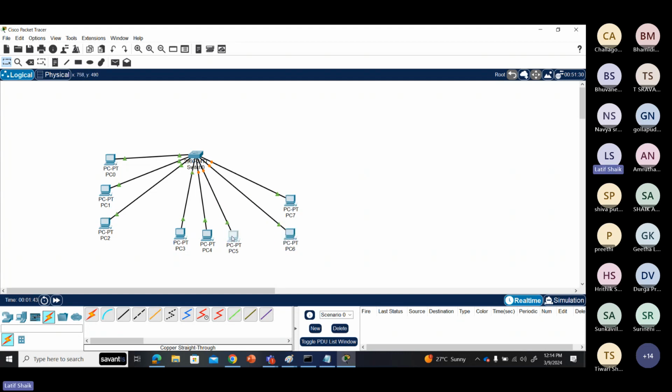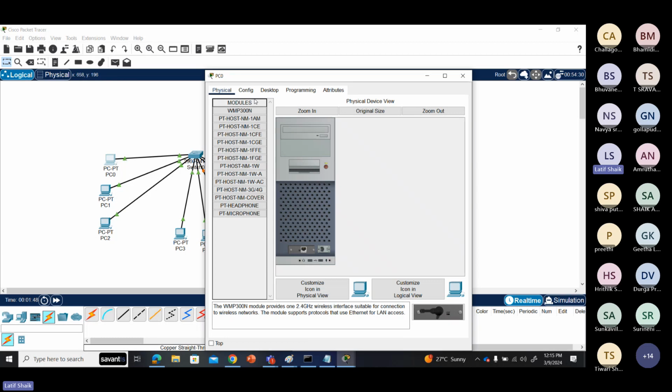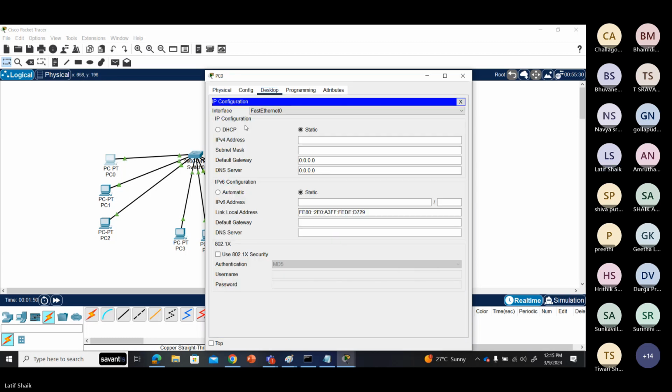Now the switch port is turning on. Once it is completely on, I'm going to assign an IP address.